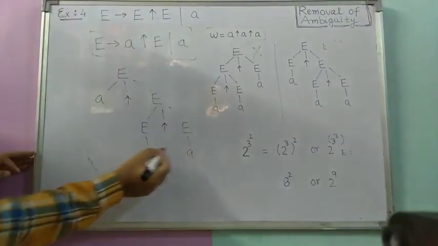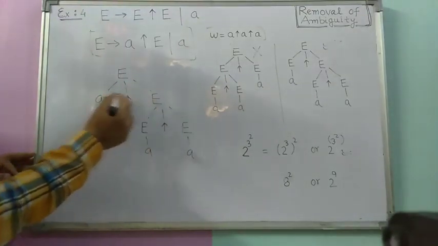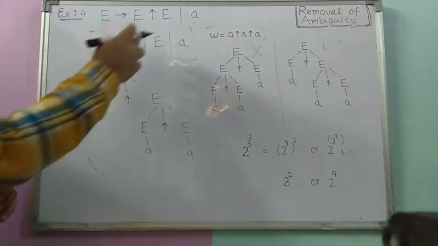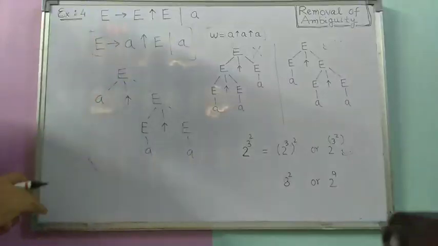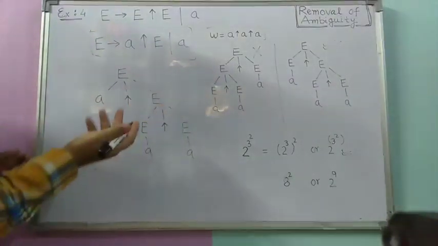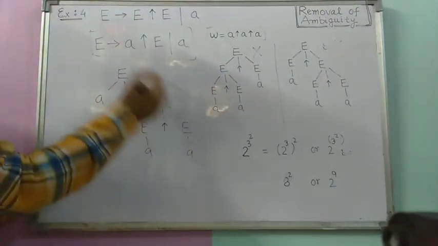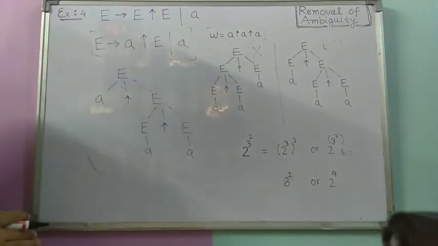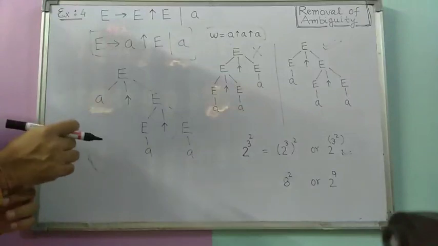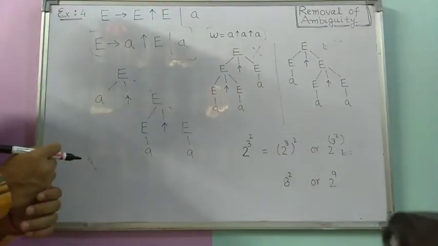Now you look at it: first this operation will be performed, the result will come here, then this operation will be performed. So it is a right associative operation, and we have achieved this by keeping the right recursion and removing the left recursion. We cannot find a tree structure of the other form, so we have removed the ambiguity. Only one tree structure will be generated, which is the correct one. So if we want left associativity, we keep the left recursion. If we want right associativity, we keep the right recursion.